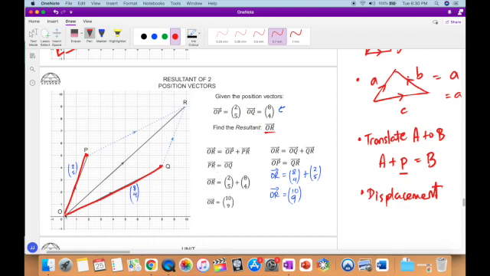So find the resultant OR, which would be this. And we didn't know how long to draw it. You don't know how long to draw that. The only way you could know is by completing your parallelogram. This has to be equal to this side, and this has to be equal to the other side.